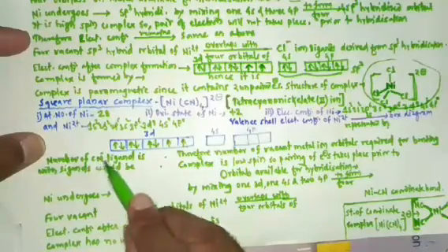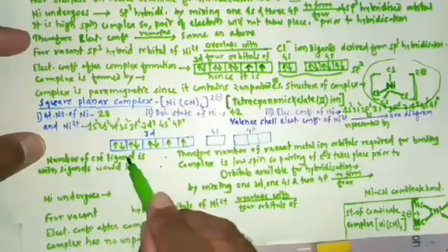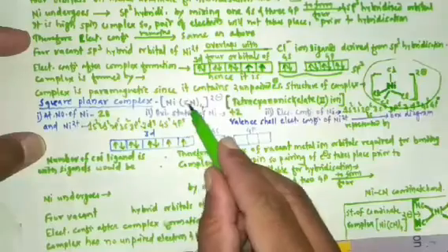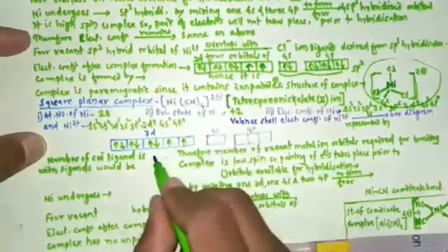So the number of cyanide ligands, CN minus, in this complex is 4.